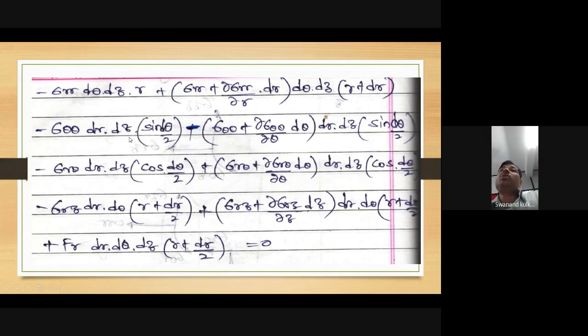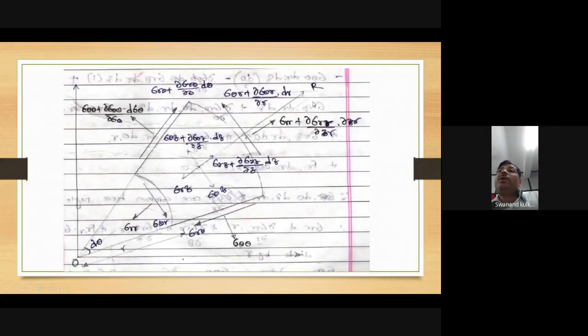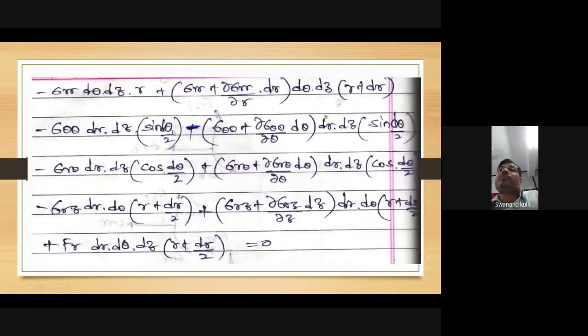But in order to resolve in the R direction, we will have to consider its component. So this sigma theta theta will resolve into two components, one will be cos and another will be sin d theta, because here the total angle is d theta.